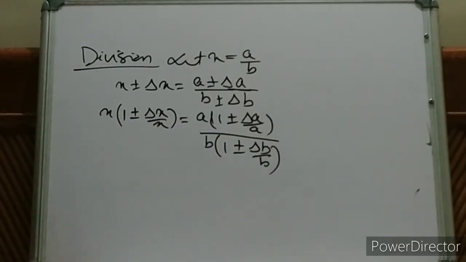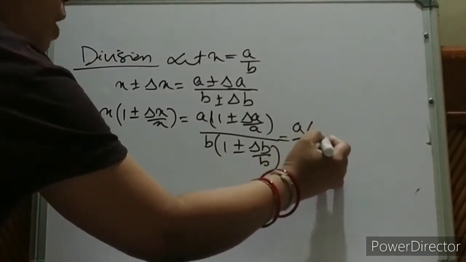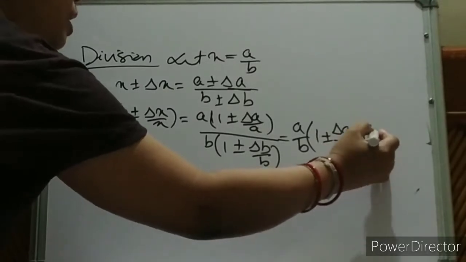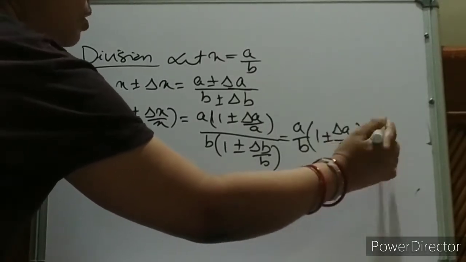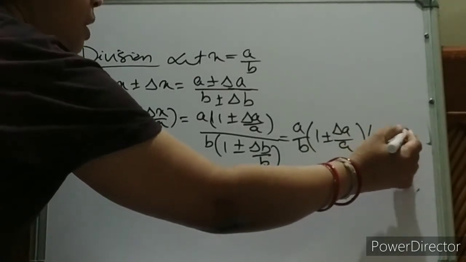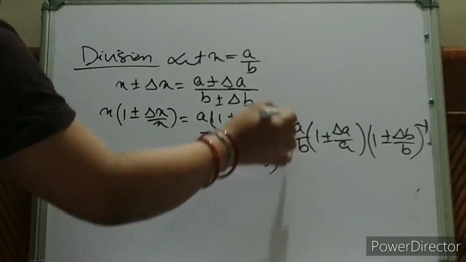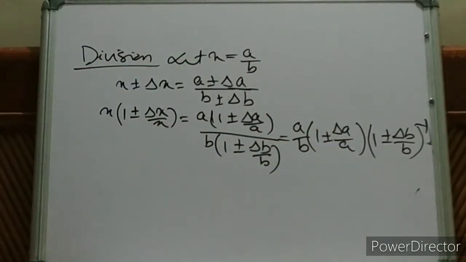So I can write it like this: a by b into (1 plus minus delta a by a) into (1 plus minus delta b by b) to the power minus 1. It goes up, so it will be raised to the power minus 1.